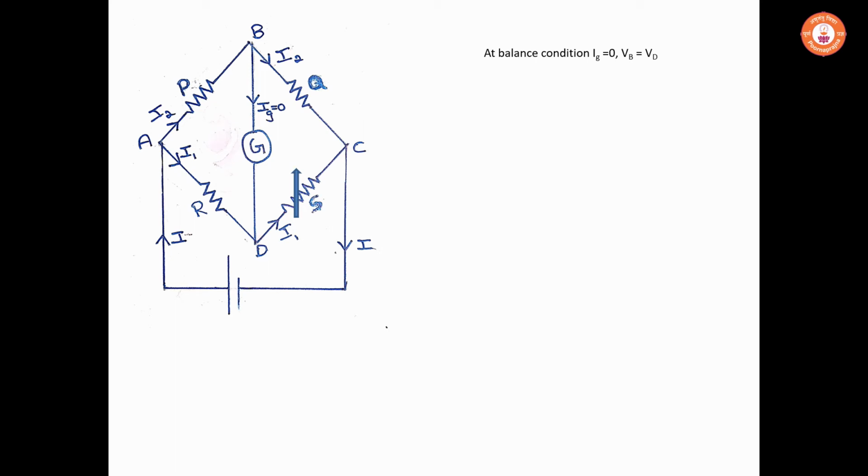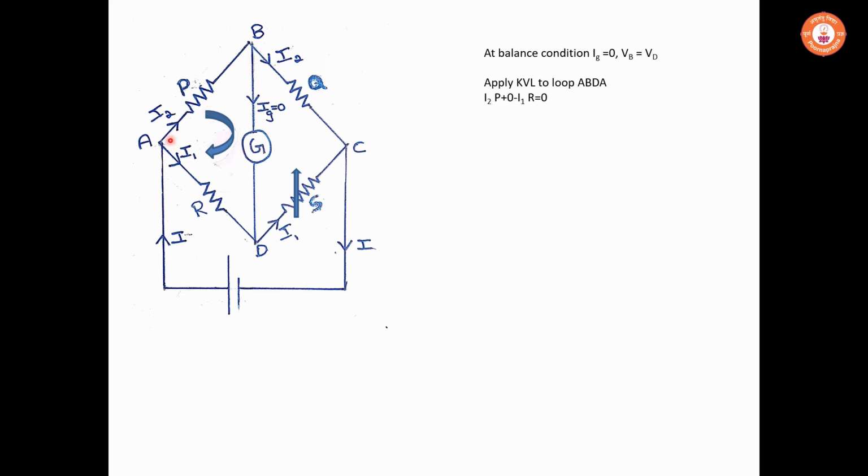Now apply Kirchhoff voltage law to loop ABDA. We have taken clockwise direction, so we are moving from AB to BD to DA.